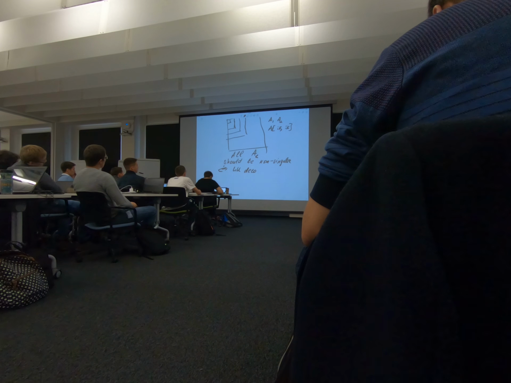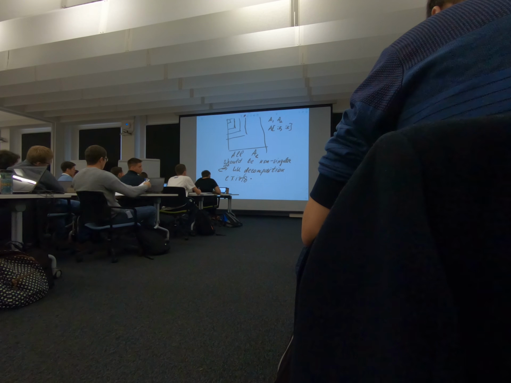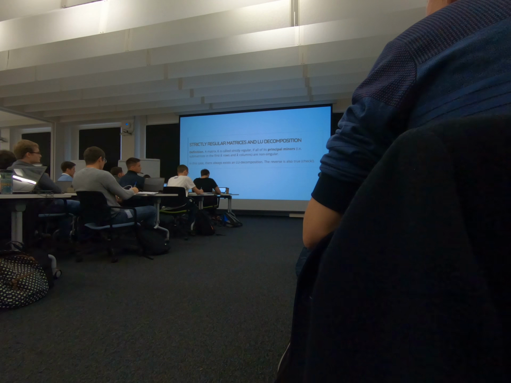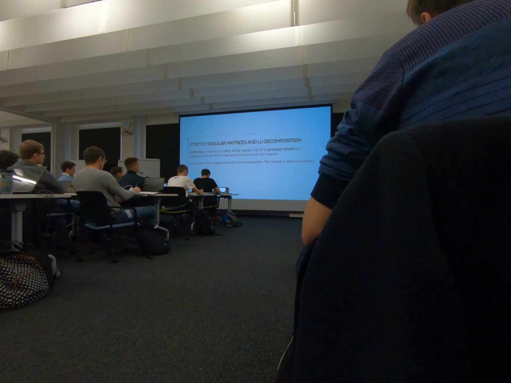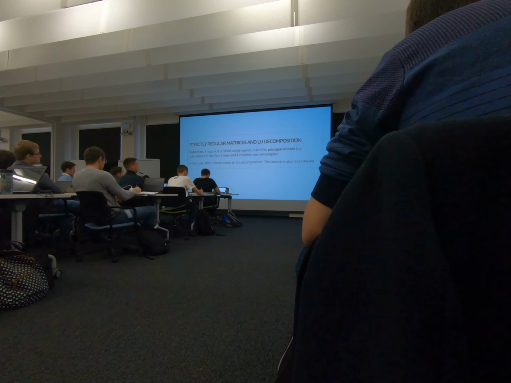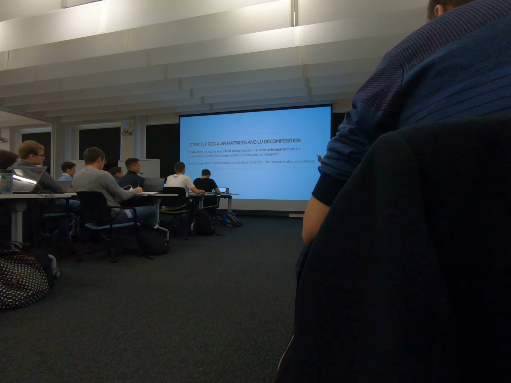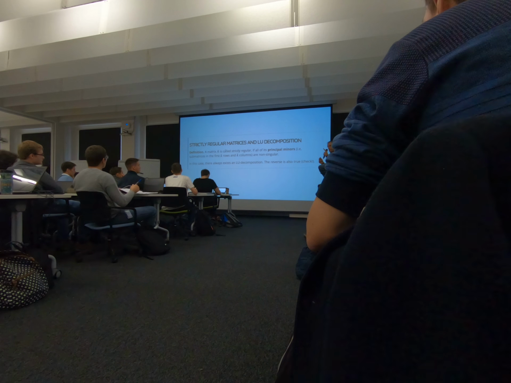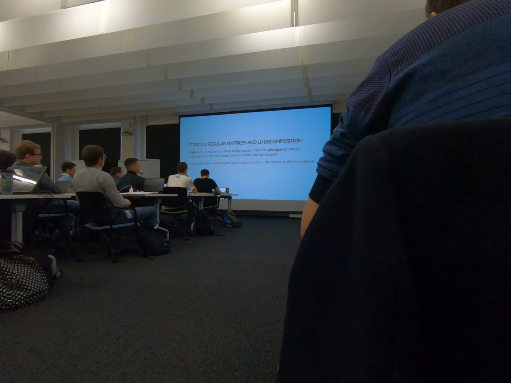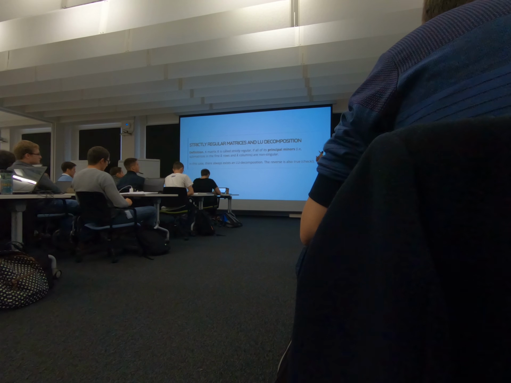If and only if. The reverse is also true, and it is very easy to check, because the principal minor of a matrix represented as a product of a lower triangular matrix times an upper triangular matrix is the principal minor of L, which is again lower triangular, times the principal minor of U, which is upper triangular.